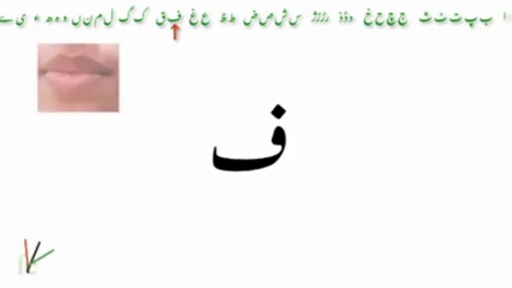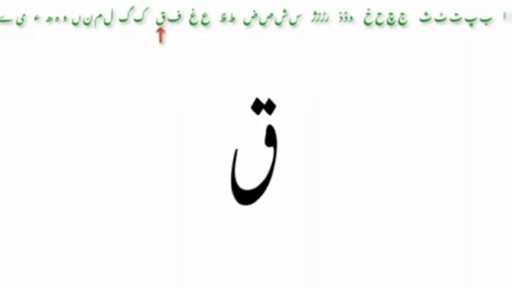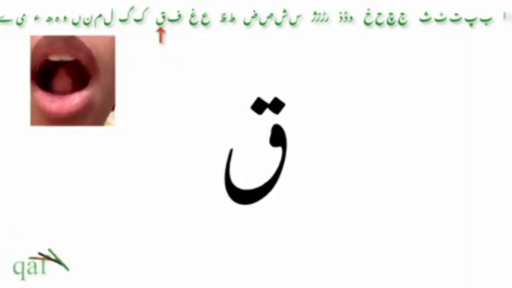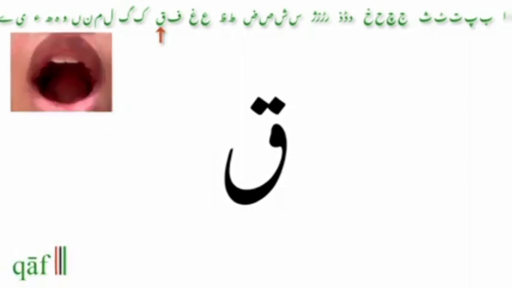Something a lot less difficult. Our next letter is fe. Fe. Then we have a slightly more difficult letter, it's called qaf.